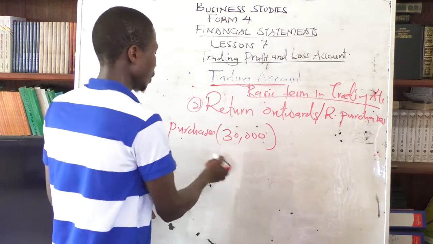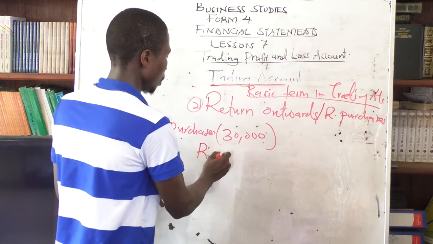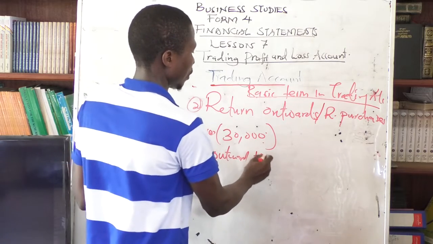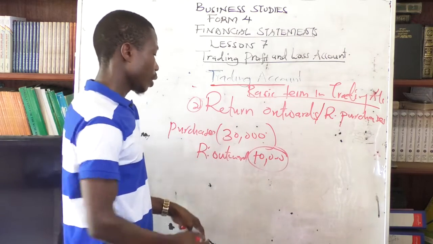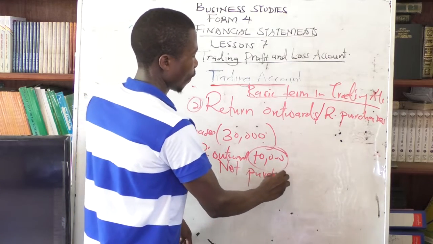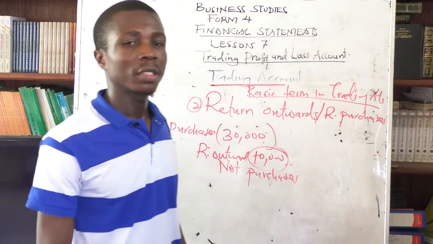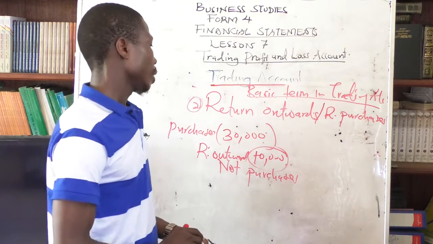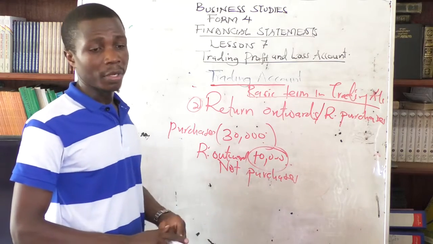Let's say the return outward was 10,000. So this 10,000 is subtracted from the total purchases, and you have net purchases. So return outwards or return on purchases is always subtracted from the total purchases to come up with what is known as net purchases.